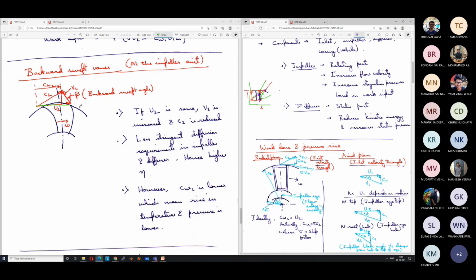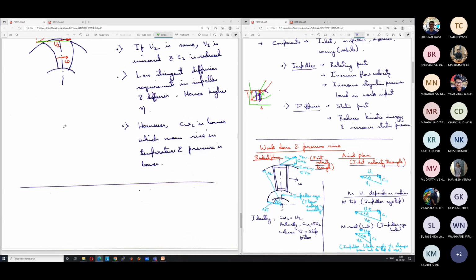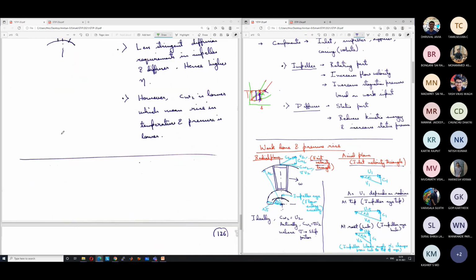So there is a difficulty in backward swept vanes from the point of view of long operation, or you have to make them stronger, meaning you have to put more material so that they can hold their shape. That is another difficulty. But the advantage is that efficiency will be higher. That's why they are also used.